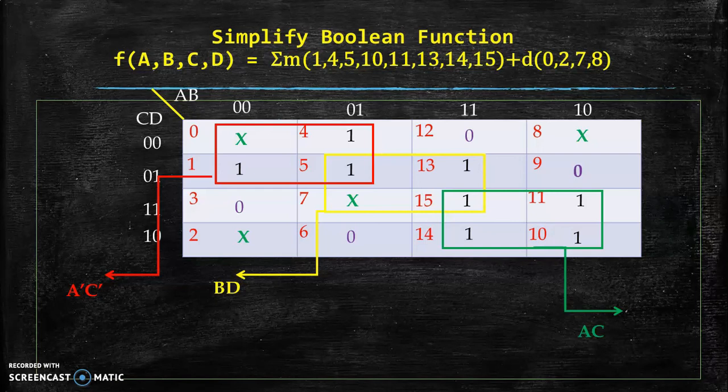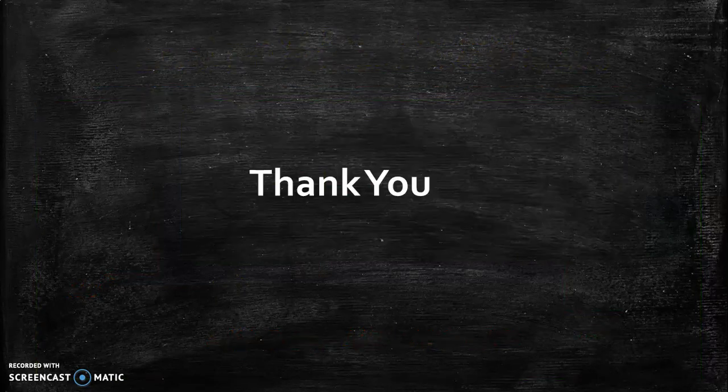We have prepared 3 groups, so we have a total of 3 product terms available, and for the final output we can write f of ABCD is equal to A bar C bar plus BD plus AC. So this is our simplified Boolean function, and we have used the don't care condition as per our requirement. So thank you very much for watching my video. Keep watching. Thank you very much.